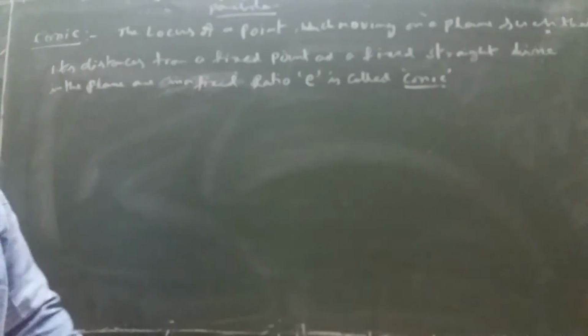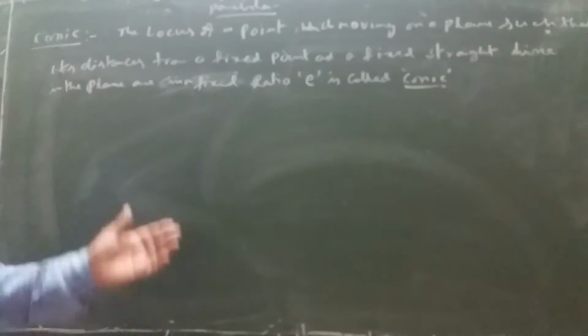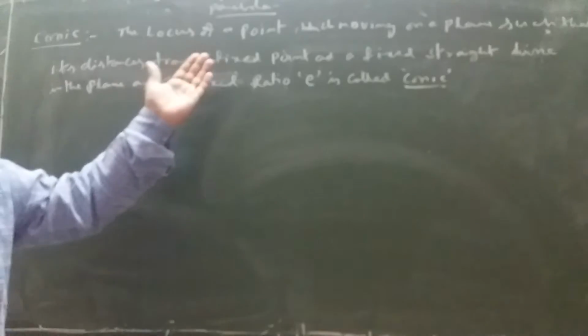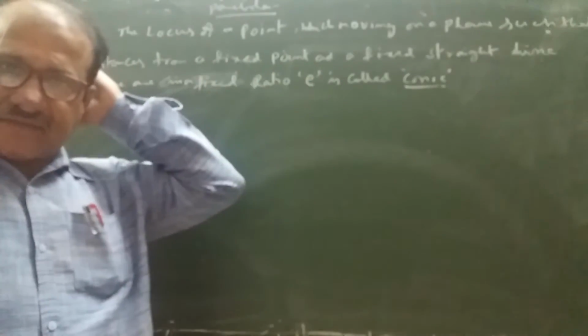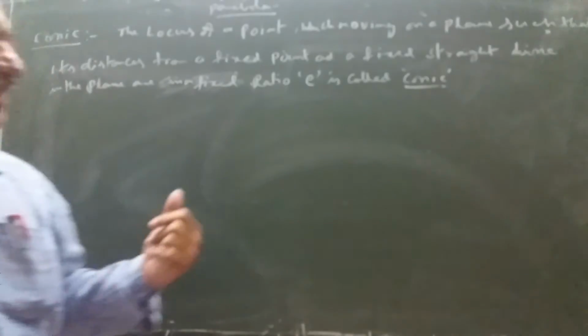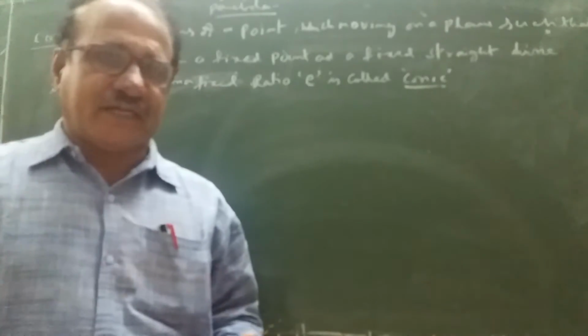The locus of a point moving on a plane such that its distances from a fixed point and a fixed straight line in the plane are in a fixed ratio E is called a conic.